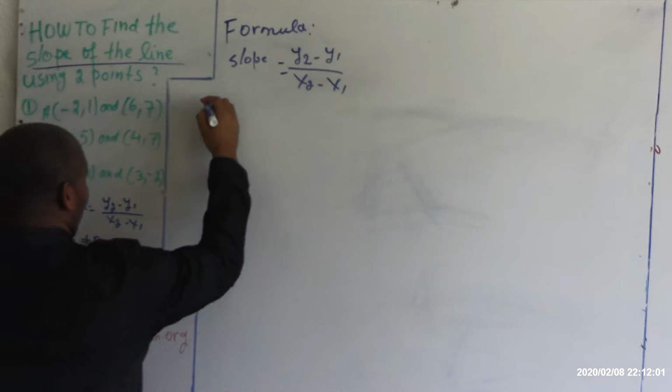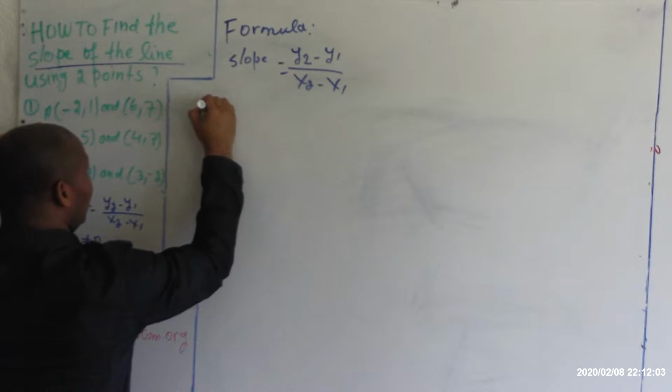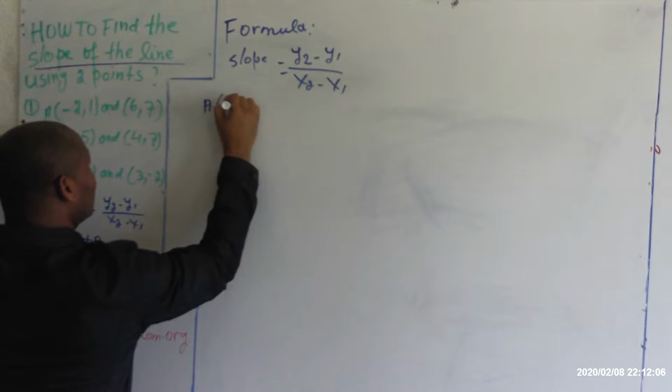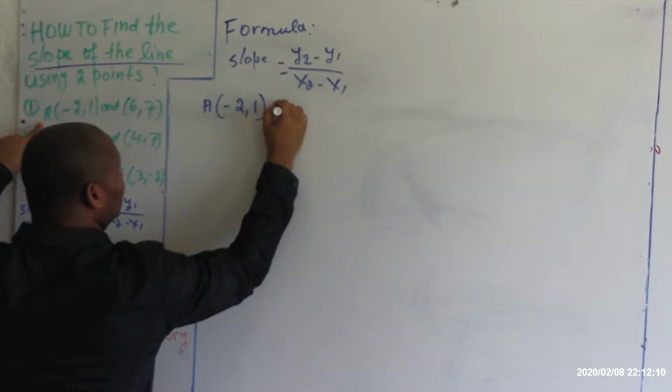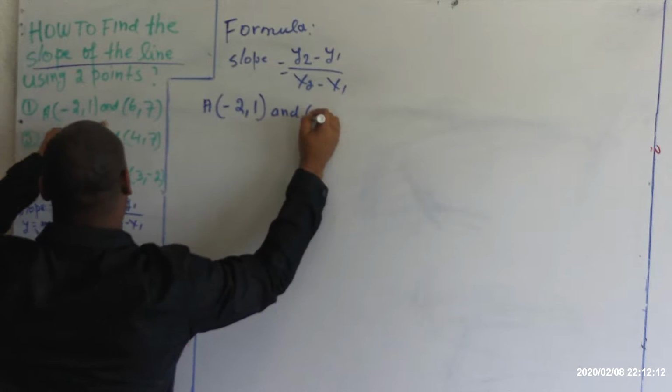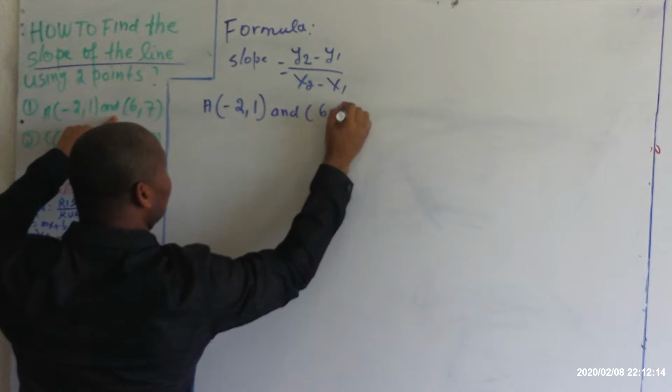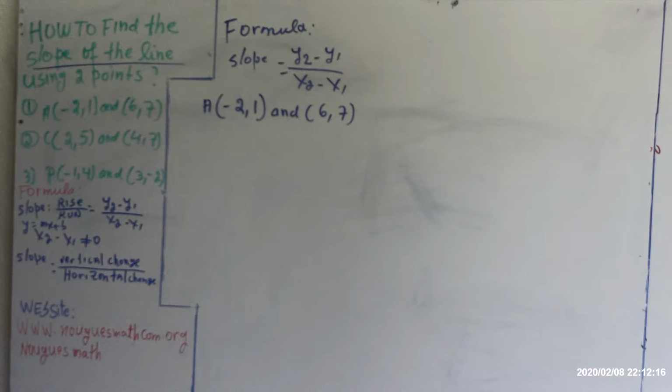Let me write the points for you. We have (2, 1) and (6, 7). So we have a pair of points. We're going to use those points to calculate the slope of the line.